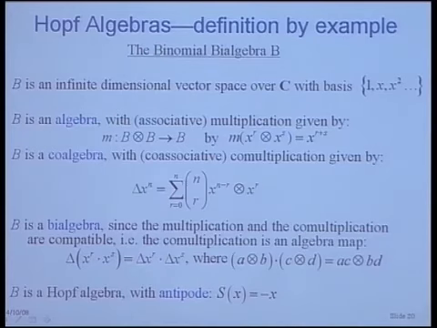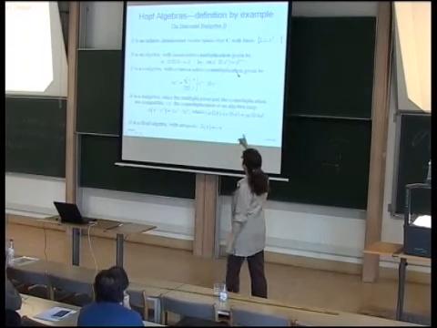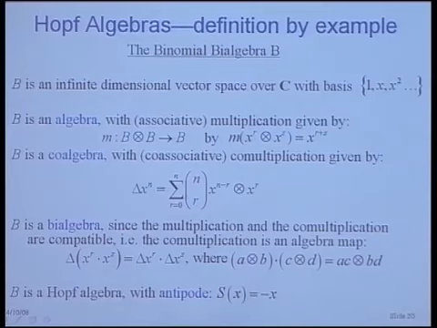So you've got, it doesn't have to be an infinite dimensional vector space, but you have a vector space, and for the binomial bialgebra, it's just the monomials in X. This is an algebra, meaning that you have an associative map from the tensor product of the vector space back to the vector space that's associative. And here it's just polynomial multiplication.